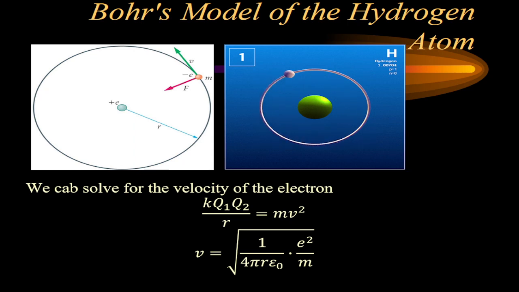So we see that the velocity of the electron will greatly change with the radius. Because the mass of the electron is constant, the charges are constant, and 4 pi epsilon naught, or the vacuum permittivity, are constant, the only thing that may vary here is the radius.